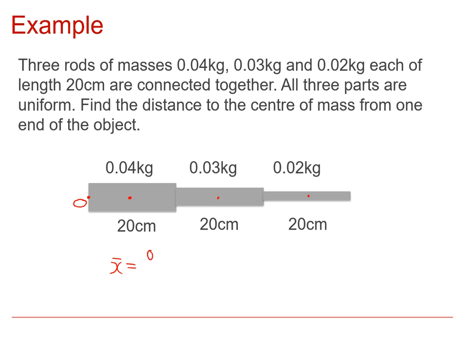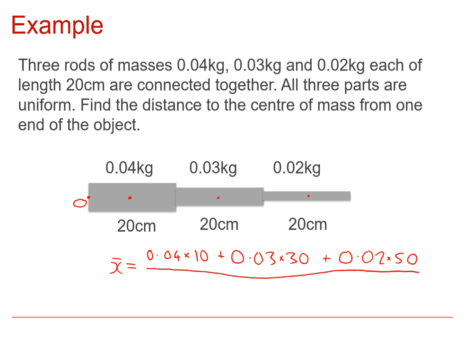So that will be 0.04 times 10, working in units of kilograms and centimetres here, that's fine, we'll just stay consistent with that, means our answer will be in centimetres, plus 0.03 times 30, because remember we decided that that whole distance there from the origin to there was 30, and then plus 0.02 times 50, and then that's all divided by the sum of the masses.